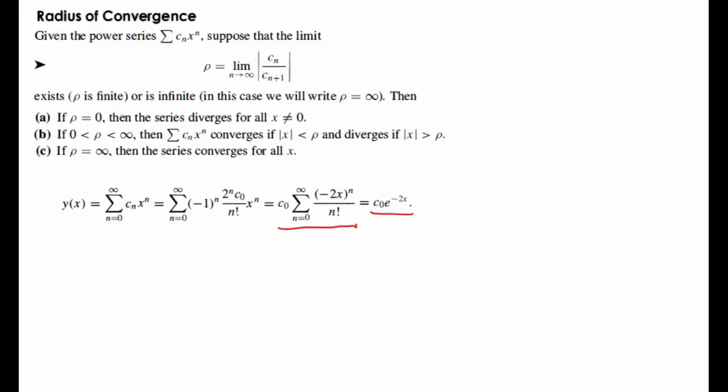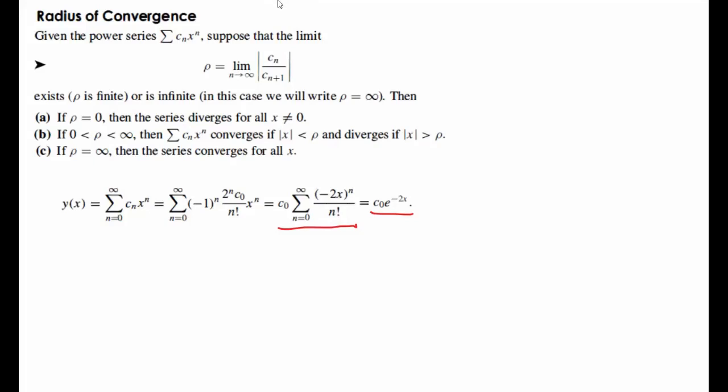So if we were to apply the radius of convergence to this particular example, what would happen is the following. This is your nth term essentially, and you just do the Cn over Cn plus 1. So let's see what that gives us.